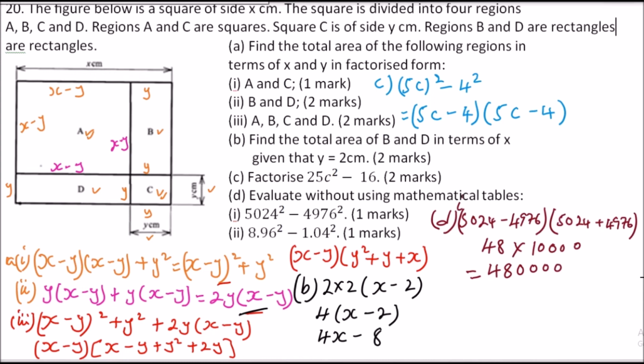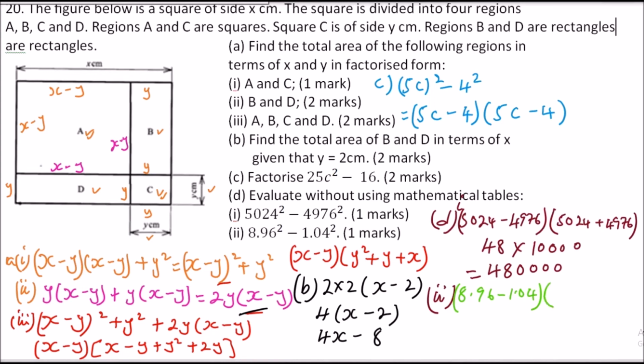So we go to Roman number 2, which we can put as, it's also a difference of 2 squares. So we separate them and we write bracket 8.96 minus 1.04, close the bracket.